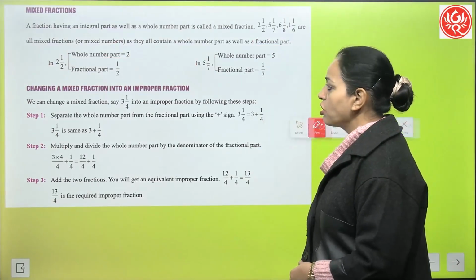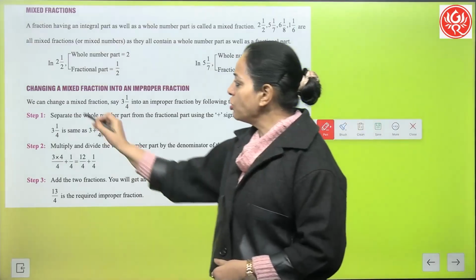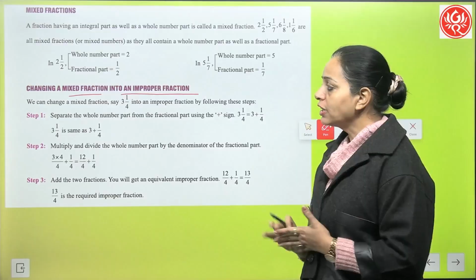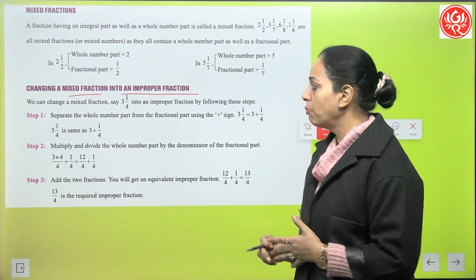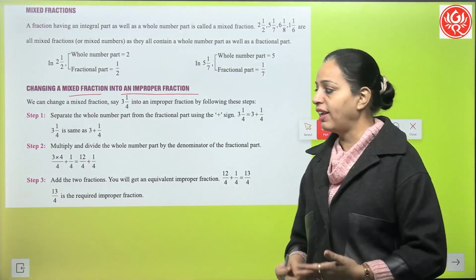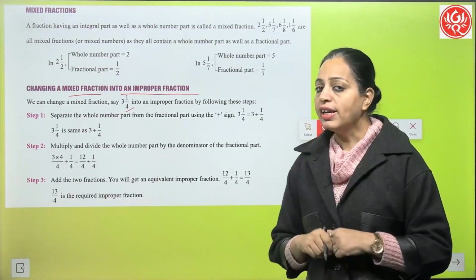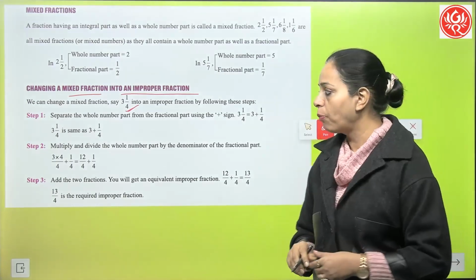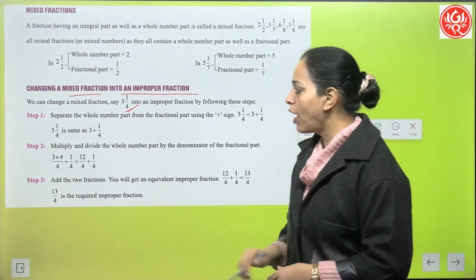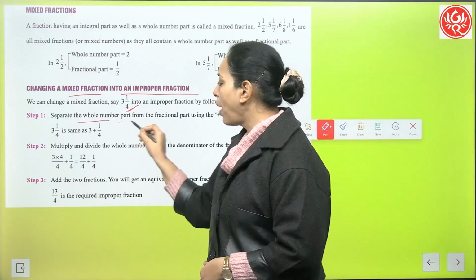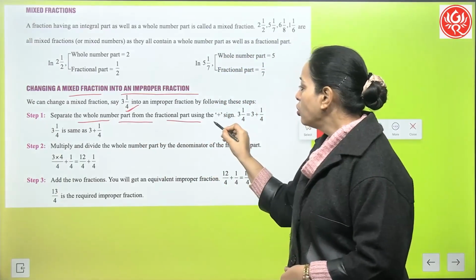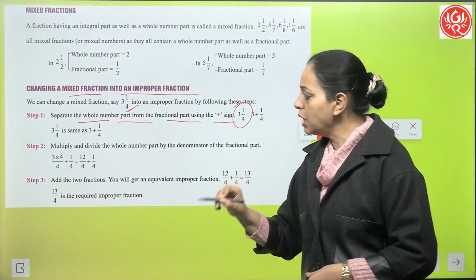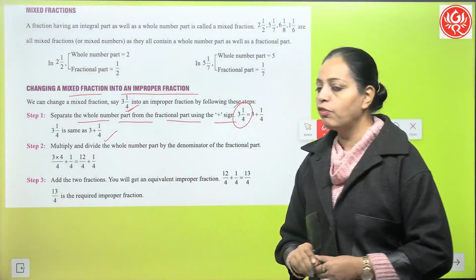Okay. Now, changing a mixed fraction into an improper fraction. How can we change a mixed fraction into an improper fraction? This is very simple. Let's take a fraction, 3 whole 1 by 4. Now change it into an improper fraction. So step 1: separate the whole number part from the fractional part using the plus sign. 3 whole 1 by 4 means 3 plus 1 by 4.